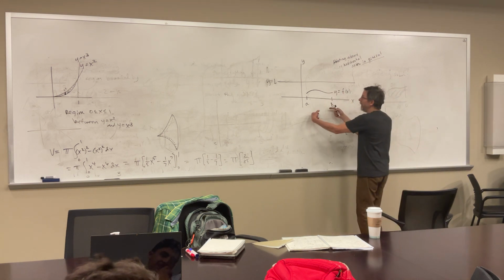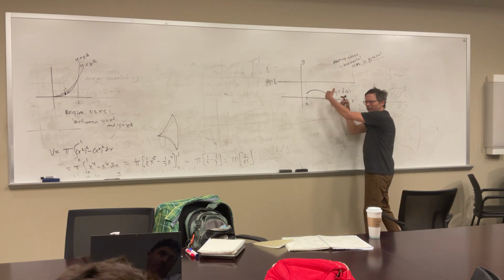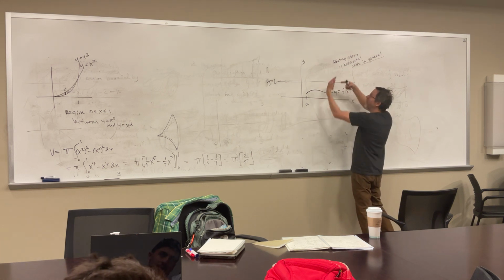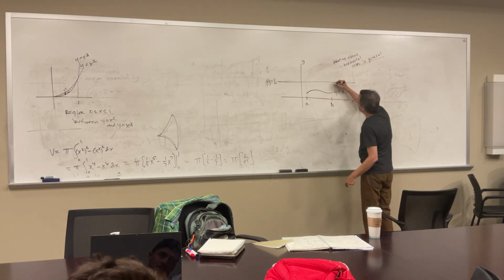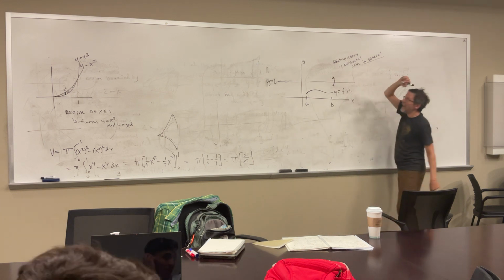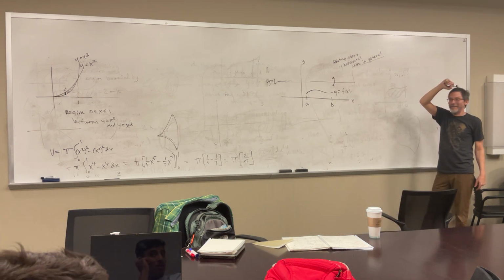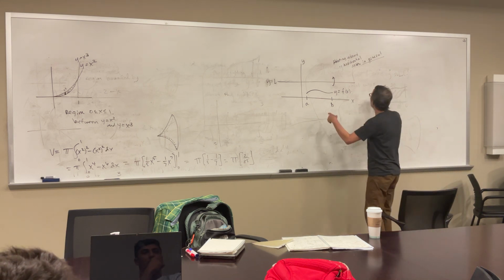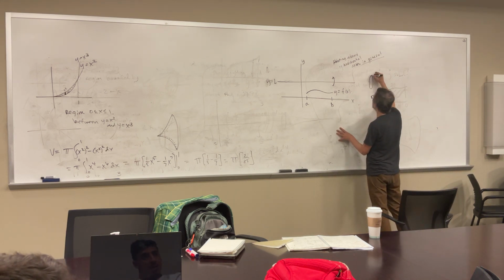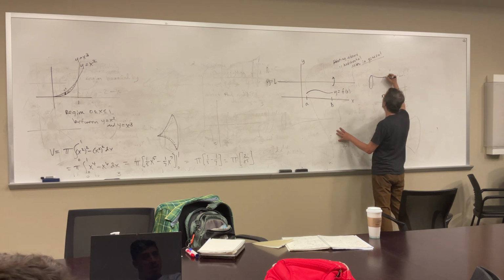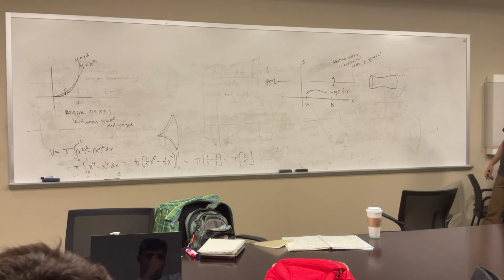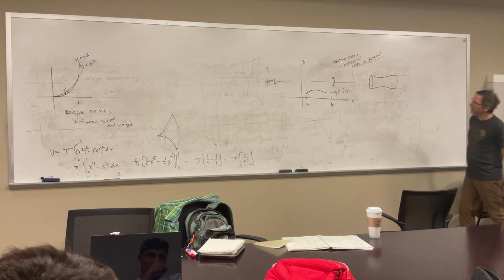So instead of spinning here and getting the vase shape I would get here, I'm going to spin around here and get a different vase around it. It's still going to be vase-like, except we're going to have this vase floating up here, something like that.